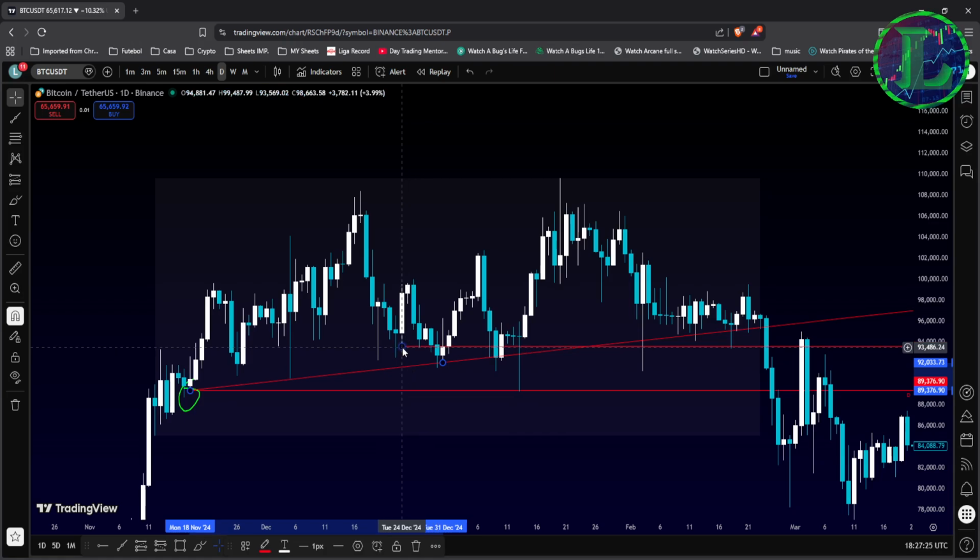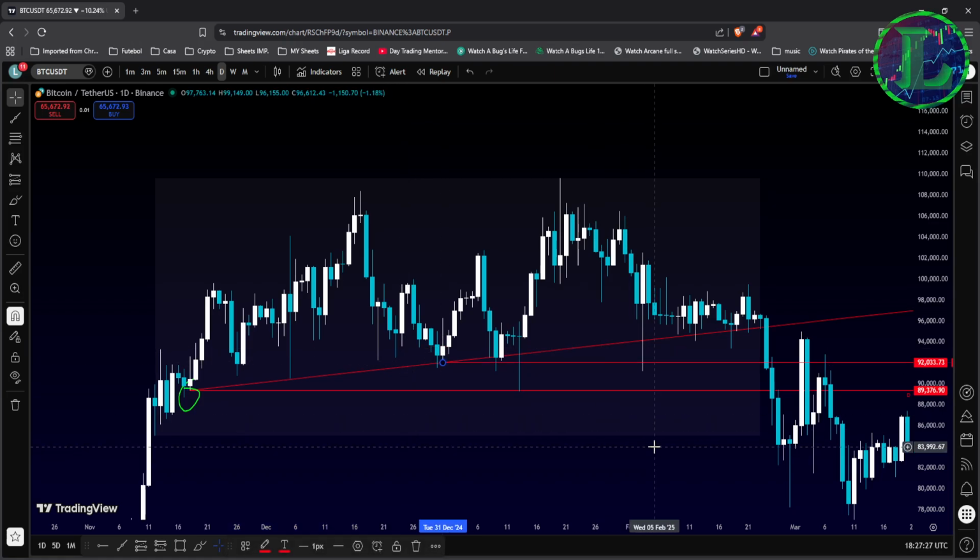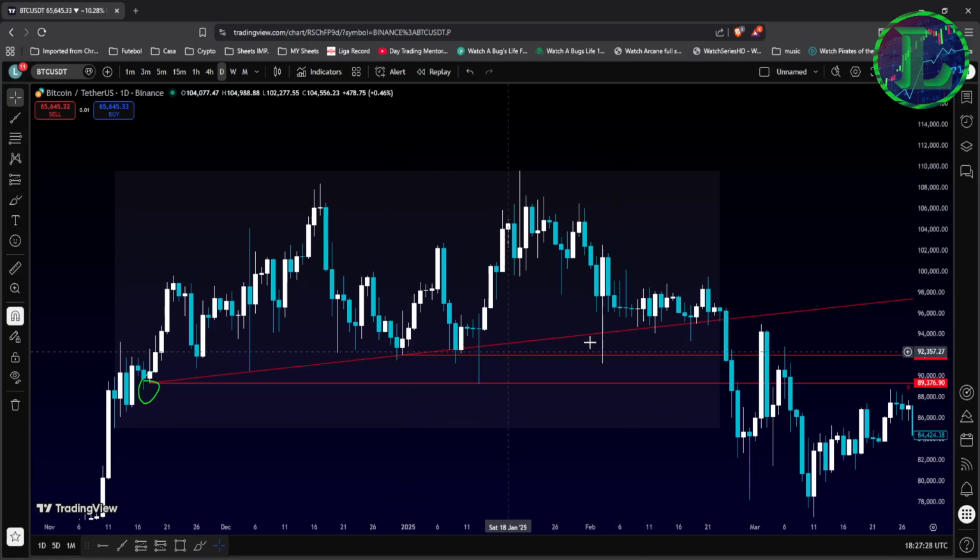The next point is this one here, right? And you can see that this is another perfect trend, even though we have a big wick here and another big wick here. We can understand that we are trying to break down.